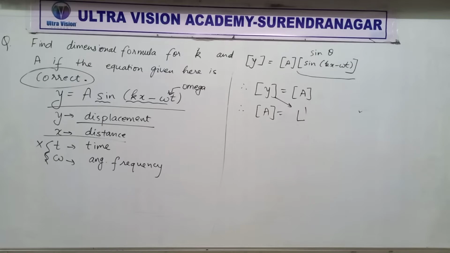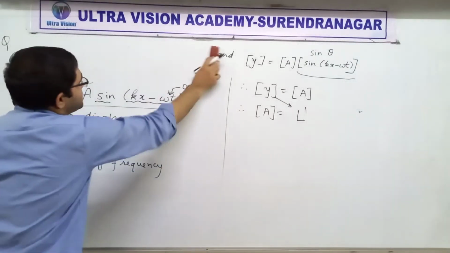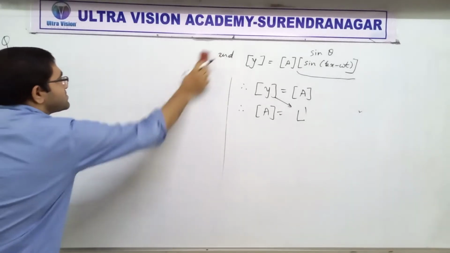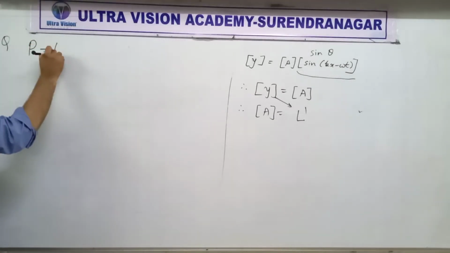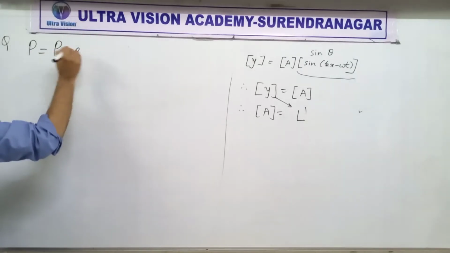Okay, now let's solve one more question like this. Suppose I give you an equation: P is equal to P0 times e raised to minus alpha t by m.